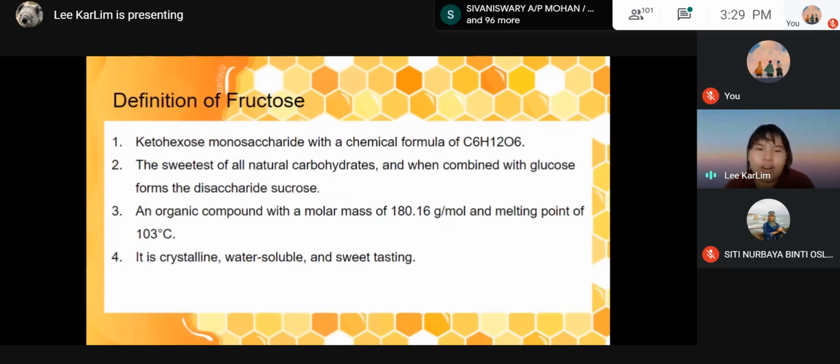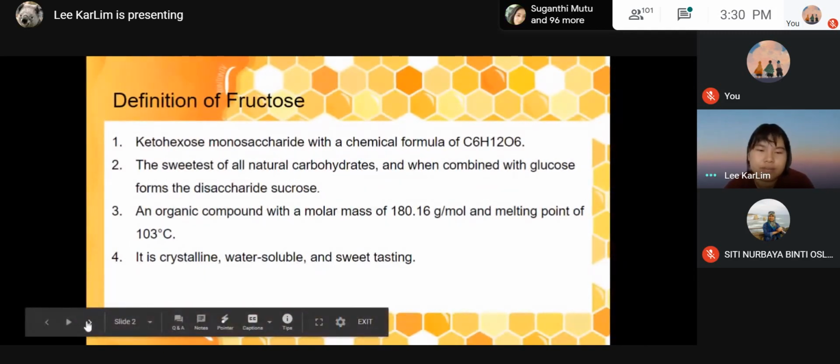This is the sweetest carbohydrate in nature, and it can be combined with glucose to form the disaccharide sucrose. It is an organic compound with molar mass of 180.6 gram per mole, and the melting point of fructose is 103, which is slightly higher than water. It can be crystallized, is water soluble, and is very sweet in taste.